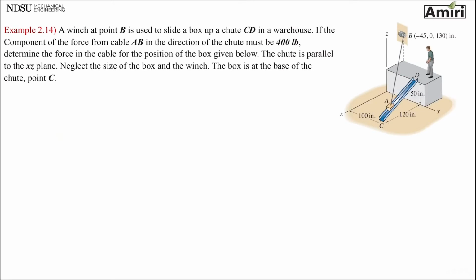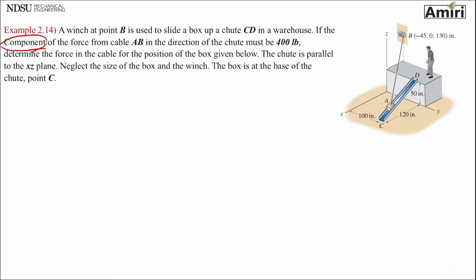Let's look at another problem, a little bit more complicated. A winch at point B is used to slide a box up a chute CD in a warehouse. The component of the force from cable AB in the direction of the chute must be 400 pounds.